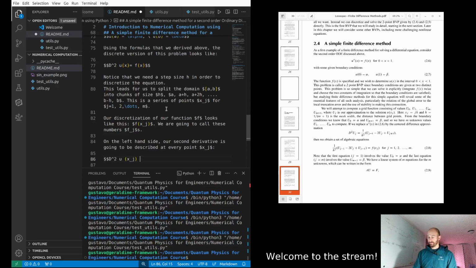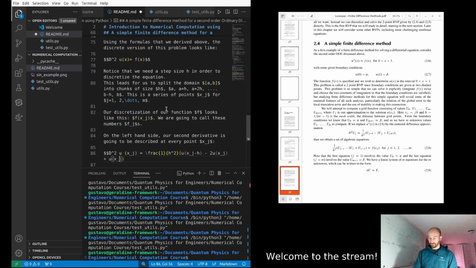How does that look? If you remember, it was 1 over h squared, and then we go u of x of j minus h, and then minus 2u of x of j, and then plus u of x of j plus h.